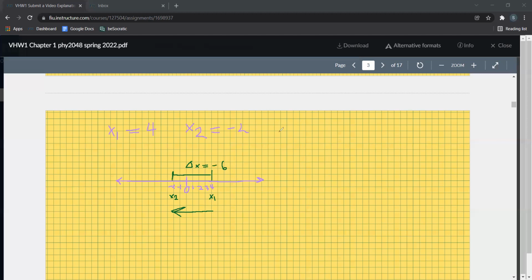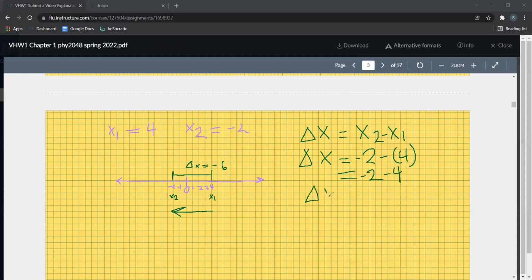And the math can even show you that. We know that a change in x is equal to x2 minus x1. So our change in x is equal to -2 minus 4. So our final answer will be the sum of -2 minus 4.